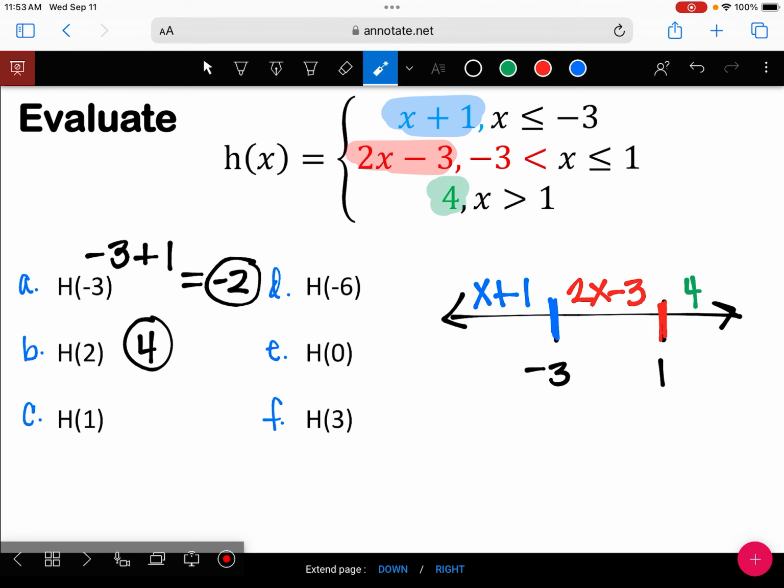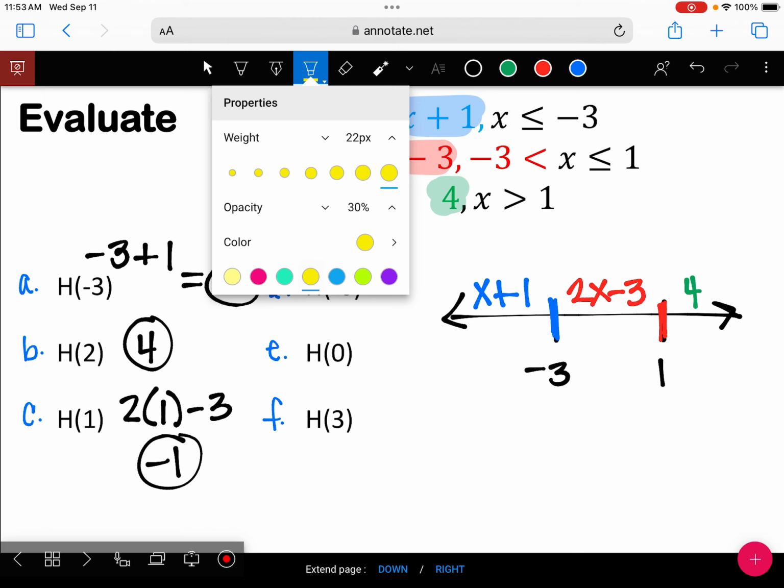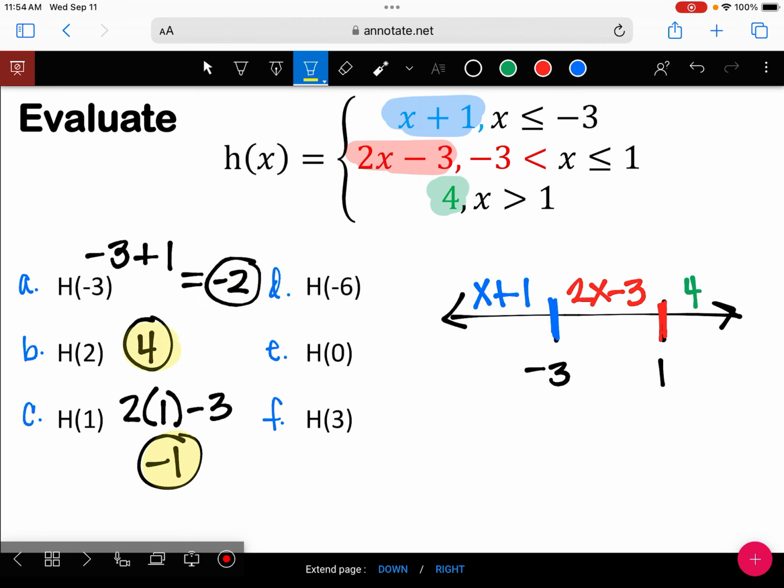So I'm going to take the 1 and plug it into this equation. 1 goes here. So that would be 2 times 1 minus 3. And when you type that in your calculator, you should get -1. So that's your answers to the first 3.